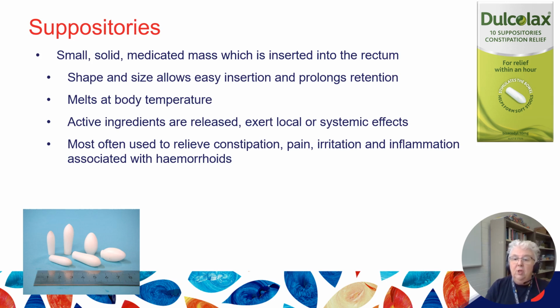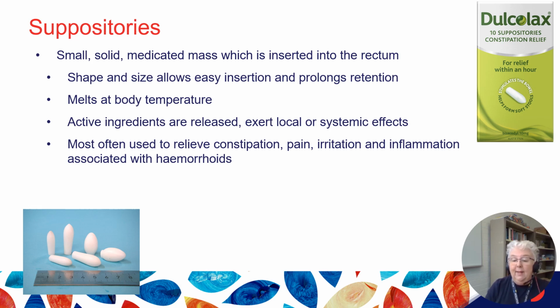So we might use Ducalax. The way Ducalax works is that you insert it into the rectum and the lining of the rectum absorbs the Ducalax or the bisacodyl, and that causes spasms in the rectum, which causes bowel motion.